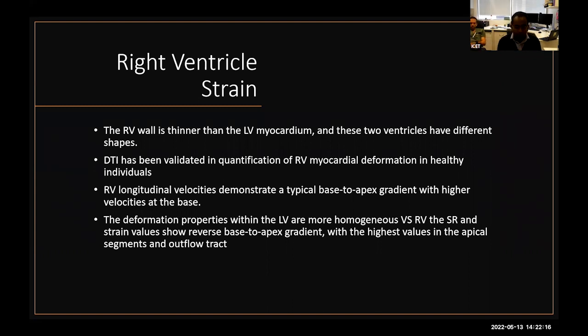In the past, they've used the LV strain package and just applied the same equations to the RV strain, and then we take away the septum because it's shared by the LV.